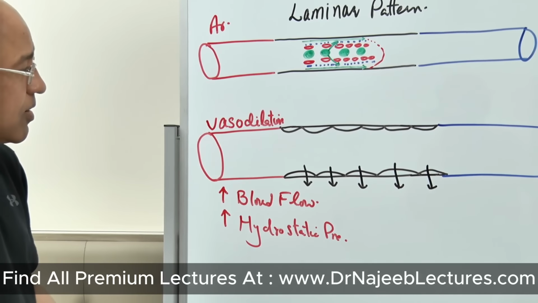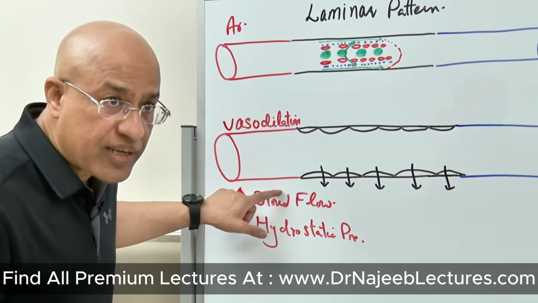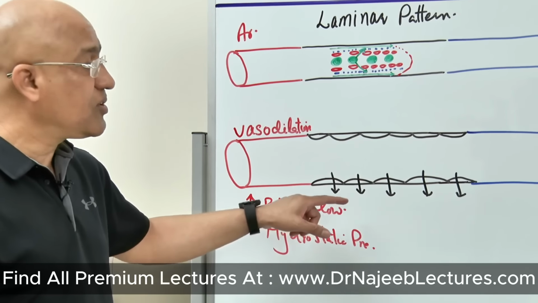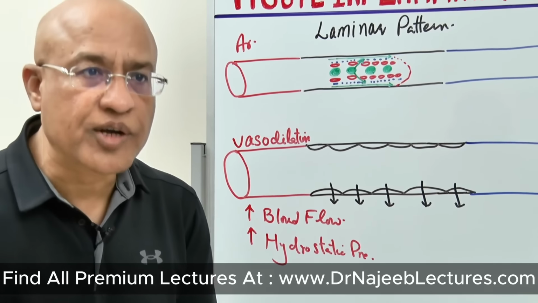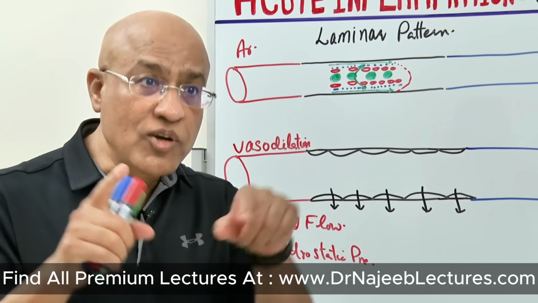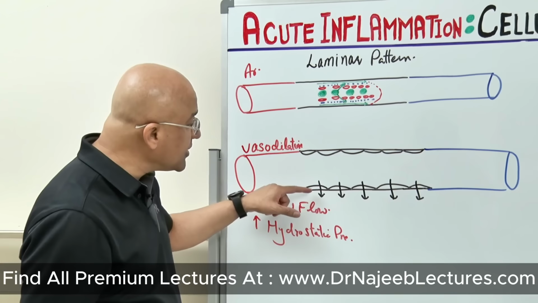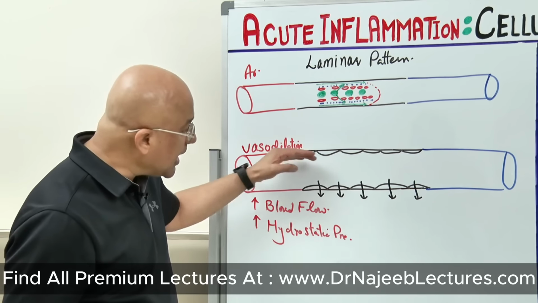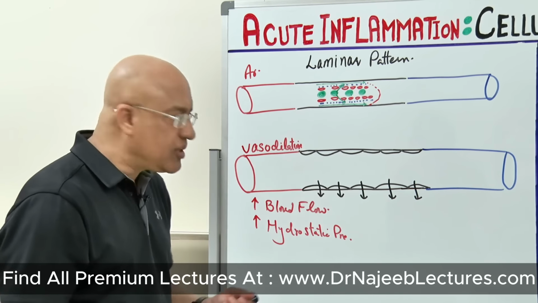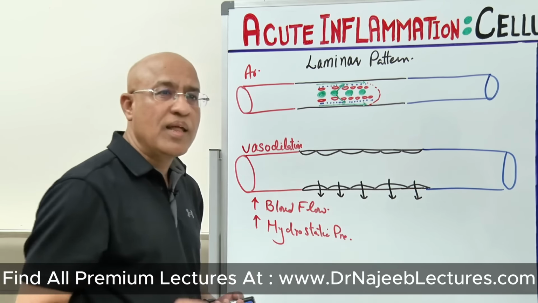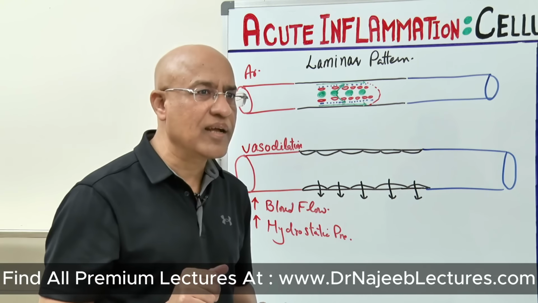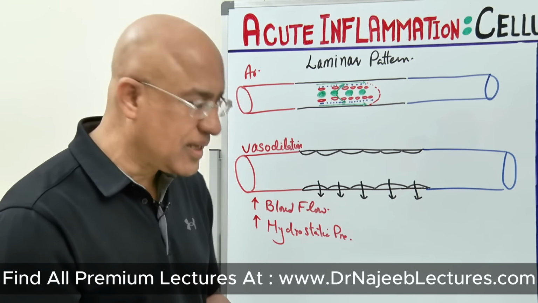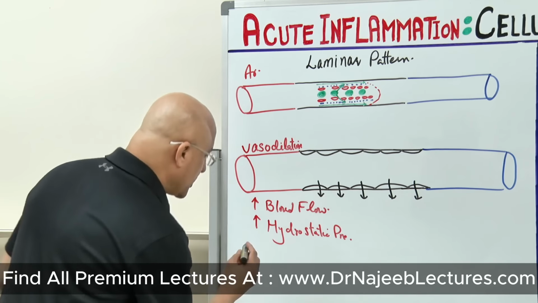This fluid, at the very initial stage, is like an ultrafiltrate of plasma, and the filtrate is due to the endothelial lining. So under high pressure, fluid will go out. This fluid which comes out initially, in the very beginning, will be protein poor. We call it the initial process of transudation.